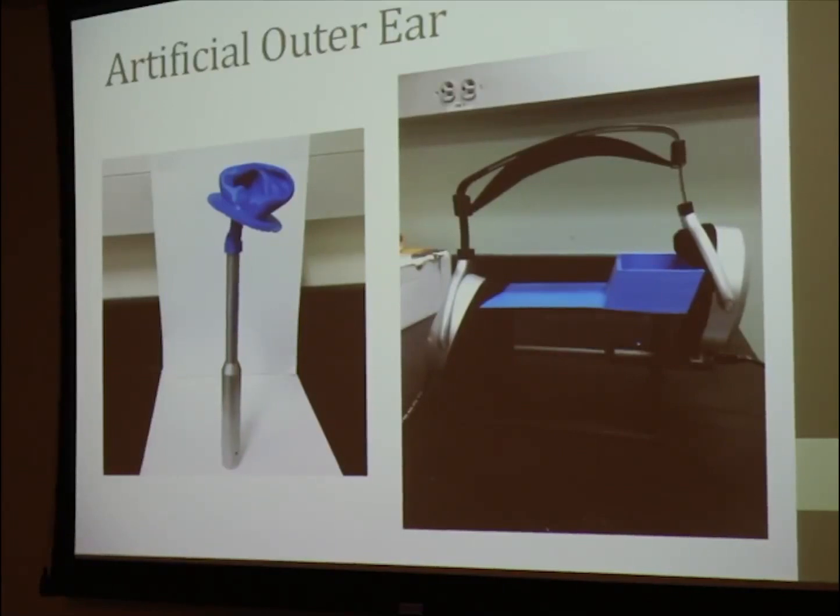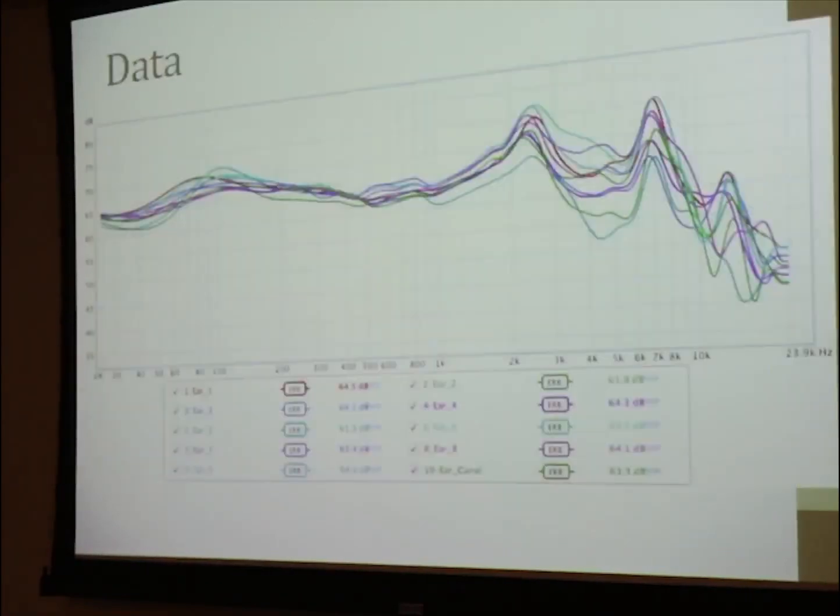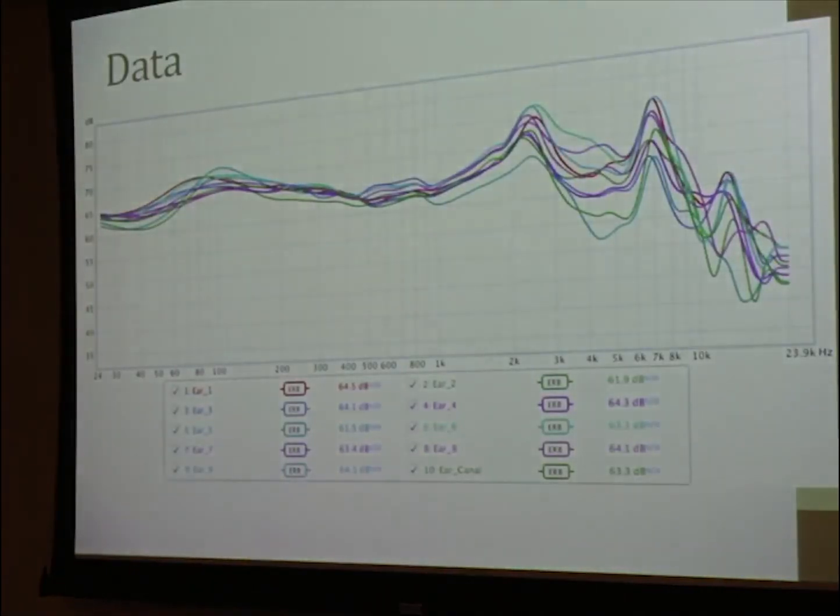So that means the energy from 40 hertz to 60 hertz is the same as 4,000 to 6,000 hertz. So it has a nice flat response. Okay, and so here's some of the amazing data I collected. It includes all 9 ears in the system, and then I also collected just the canal.